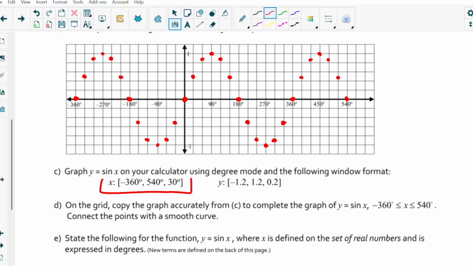So sine of x. Then check your window. You have to check your window. So x from negative 360 to 540, x scale is 30. Then the y values, minimum negative 1.2, maximum positive 1.2, scale 0.2.